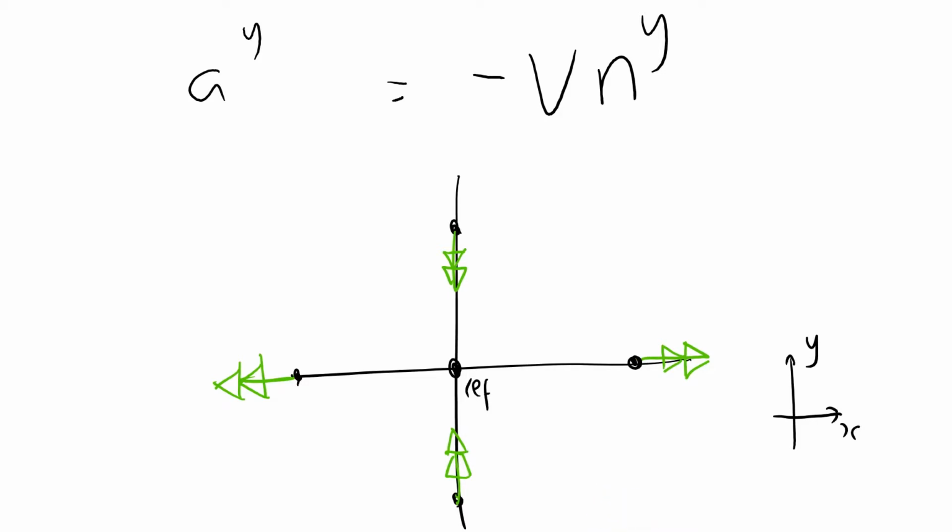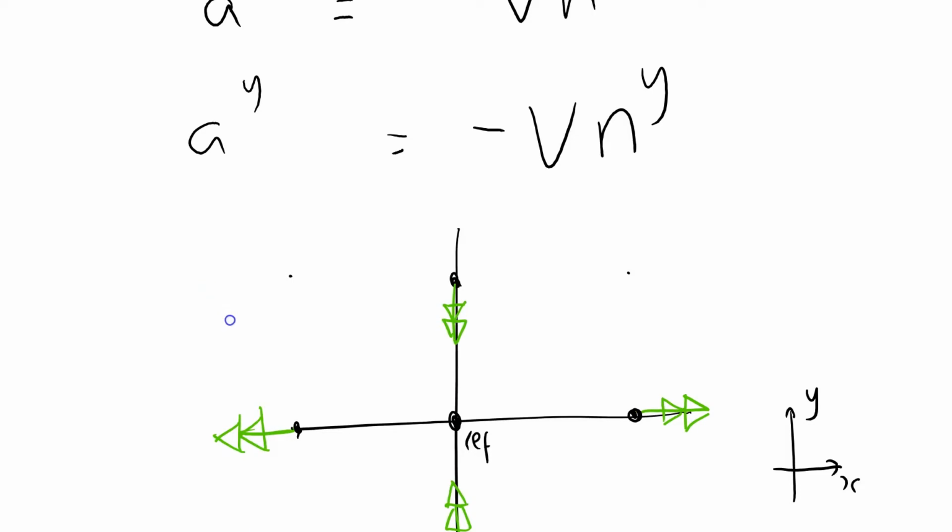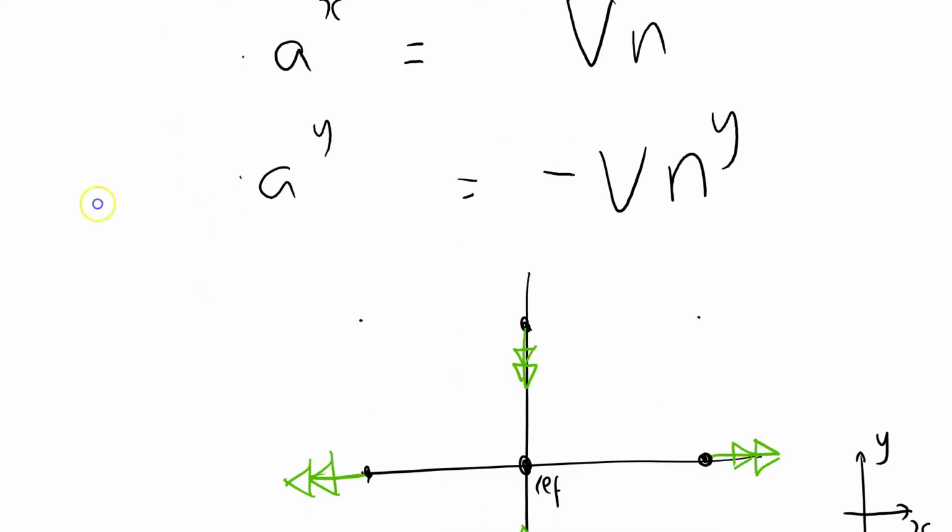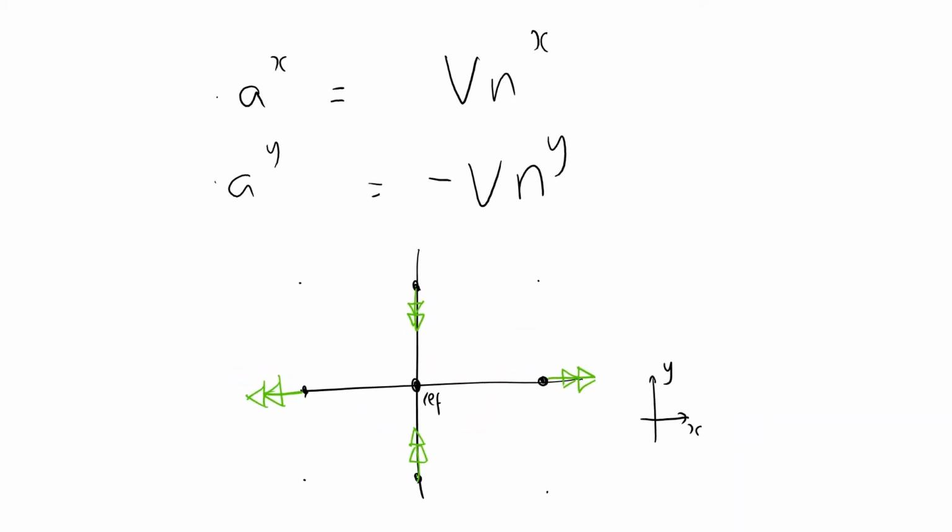What about particles not on the axis? Let's try and draw some of those. I've got a particle there, there, there, and there. Notice how linear everything is. The acceleration is just proportional to distance away from the origin, which is quite nice. That's why I'm choosing these little components here. Let me draw in green.